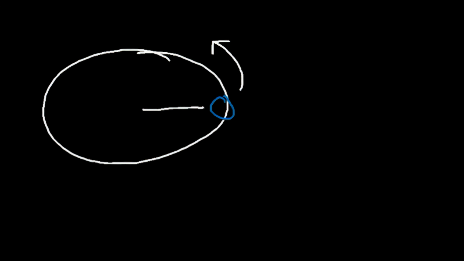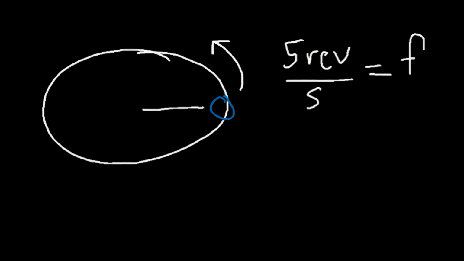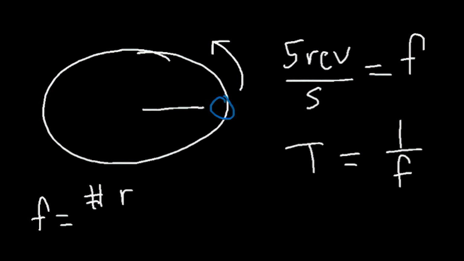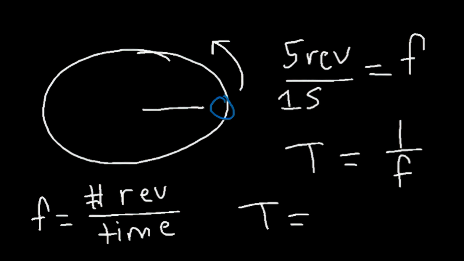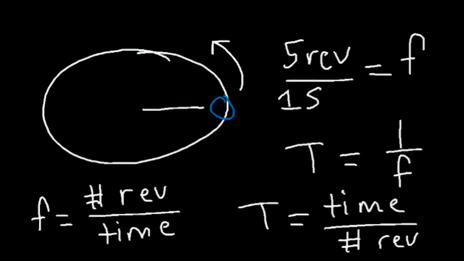So let's say it makes 5 revolutions per second, then the frequency is 5. The period is the time it takes to make 1 revolution. So the period is 1 over f. Frequency is the number of revolutions divided by the time, and that's going to give you the revolutions per 1 second. The period is the time divided by the number of revolutions.